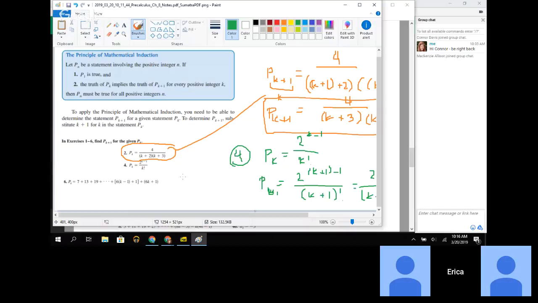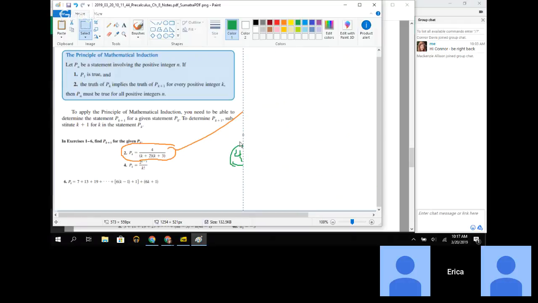Oh, no, it's okay. All right, so for number 6, I always want to do that. Figure out how to erase at some point.